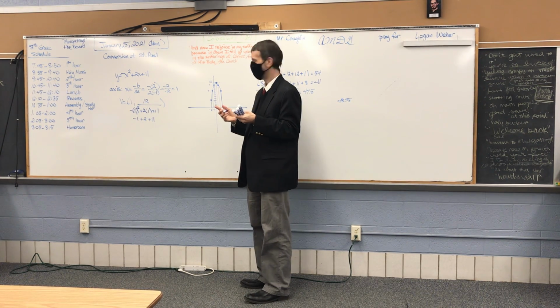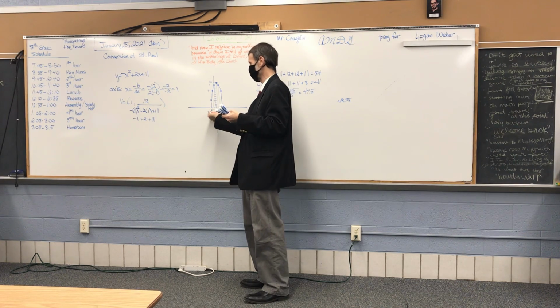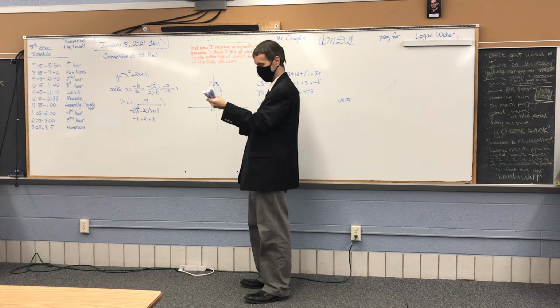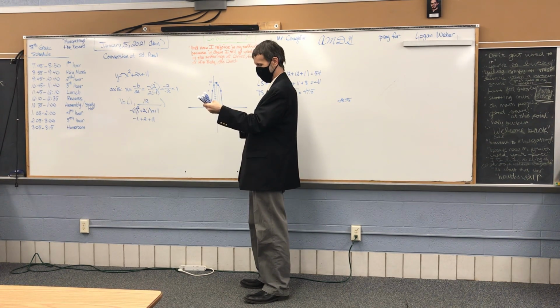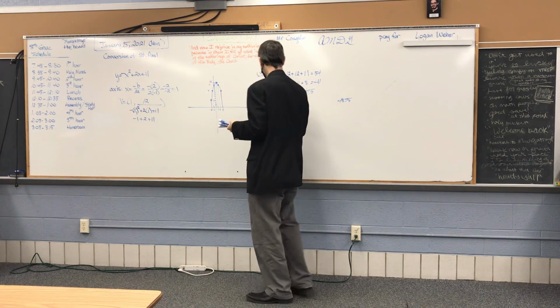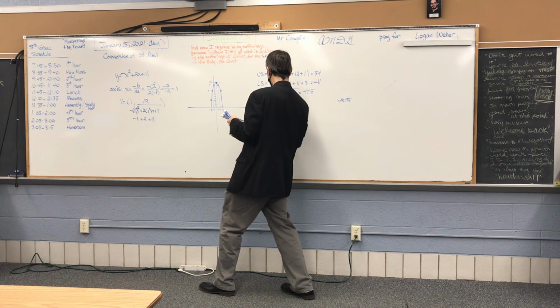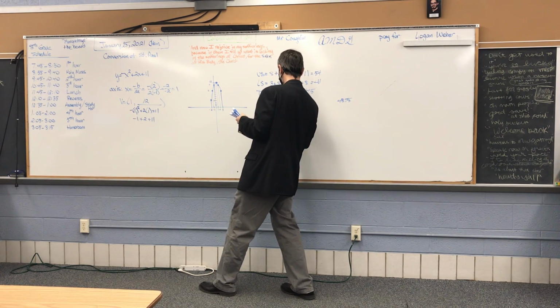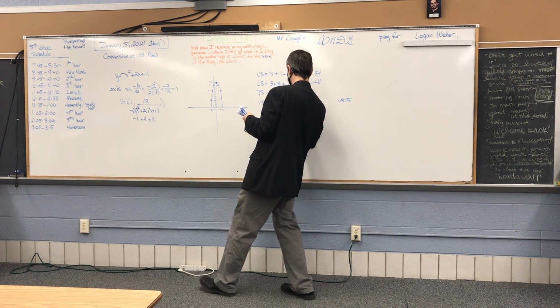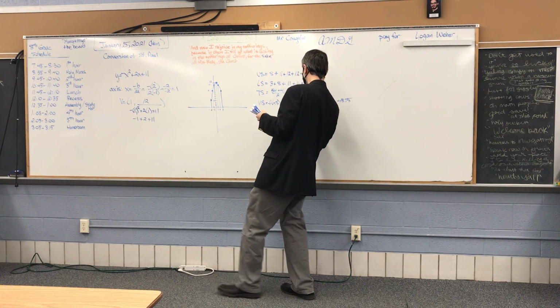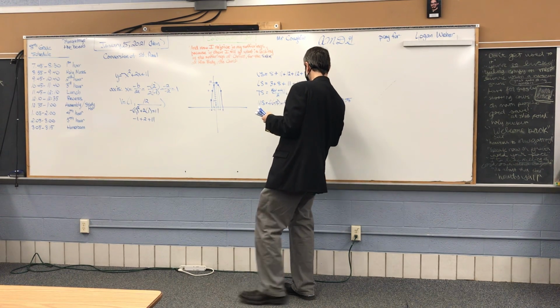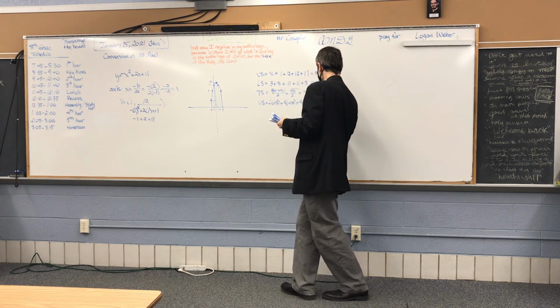Here's your first slice between negative 2 and negative 1. Negative 1.5. So the height is f of negative 1.5 plus f of negative 0.5 plus f of 0.5 plus f of 1.5 plus f of 2.5.